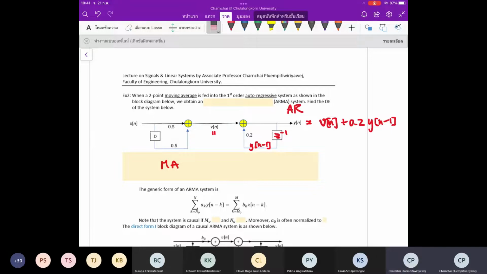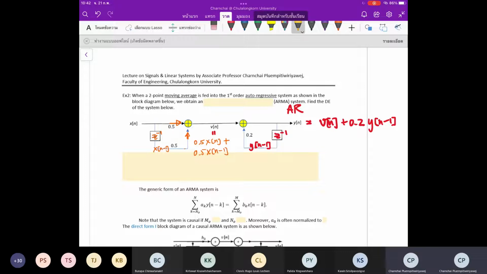This is 0.5 x[n], which is this one, right? This one is 0.5 x[n] plus, this leg would be 0.5 x[n-1]. This leg is x[n-1] because this goes through a delay. Delay, we've got z to the negative 1, and this is x[n-1] times 0.5.